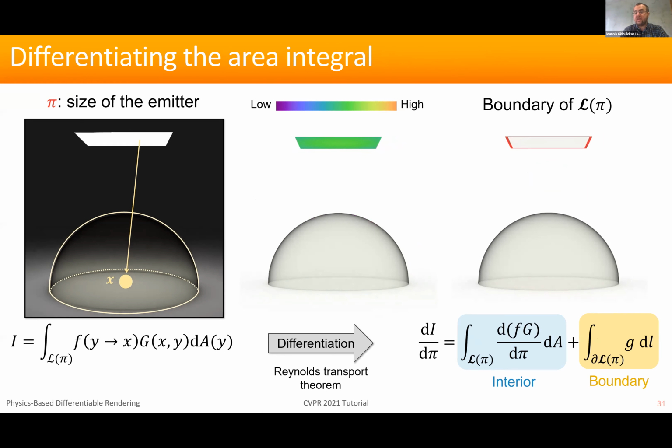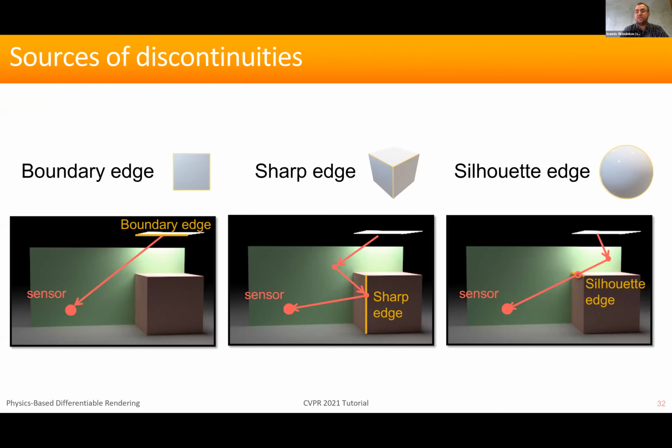But in more general scenes, it may involve discontinuities that show up in three different ways. One is boundary edges, exactly the example we saw in the past few slides, basically an emitter or some shape that has finite extent. Shape discontinuities, as we're integrating over a surface, for example, a mesh. If we have sharp edges, then those edges introduce discontinuities that, as we evolve a mesh, will show up in this boundary integral.